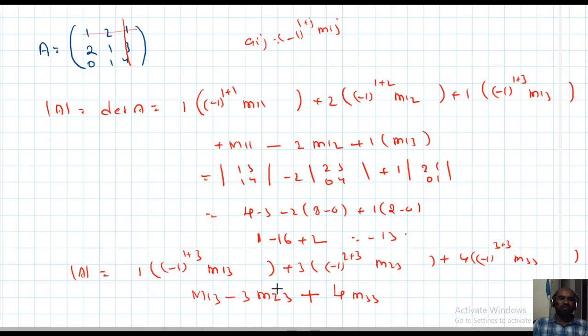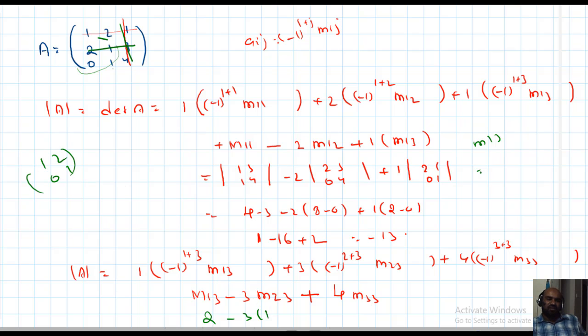Now I want to find the M13 value. M13 is obtained when the first row and third column are removed. This is the resulting matrix, which gives 2 minus 0, 2 only. So instead of that I can write 2. Then 3 into M23: this row and this column should be removed. What is the resulting? 1 2, 0 1, that is 1 only.